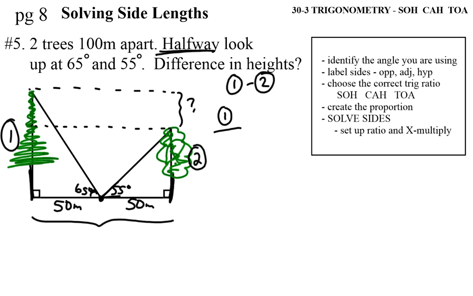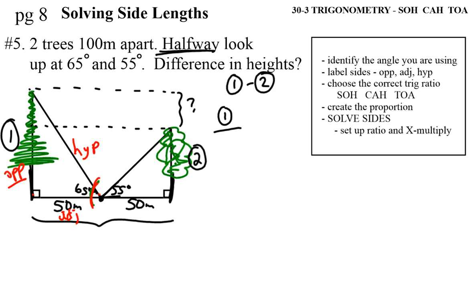So number 1, first. Which angle are we going to use? 65 degrees. Why are we using 65? Because we have it. So let's label our sides now. Opposite the reference is the opposite. Opposite the 90 is the hypotenuse. That leaves adjacent.